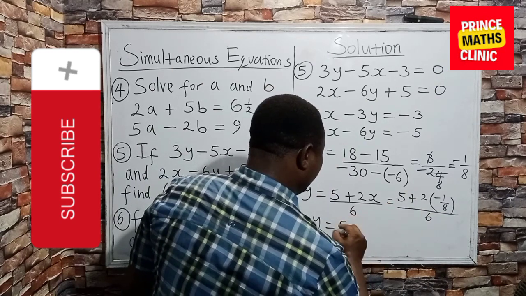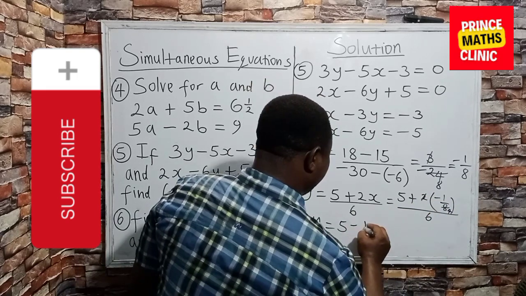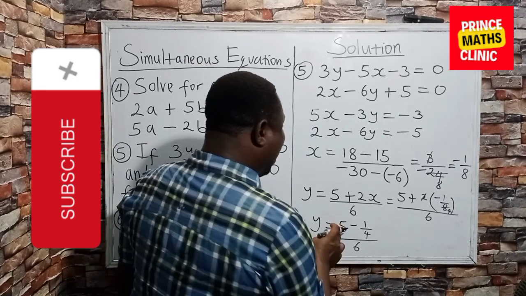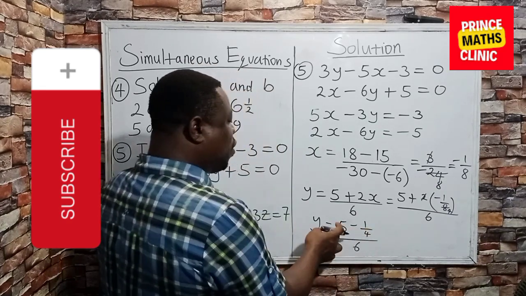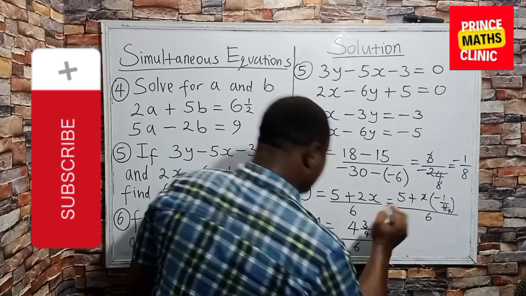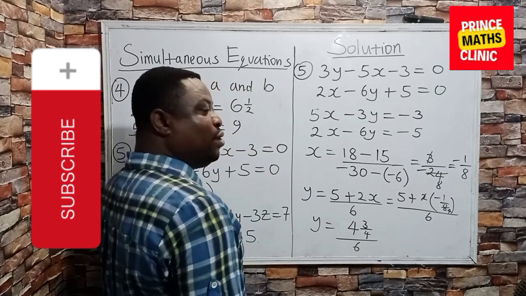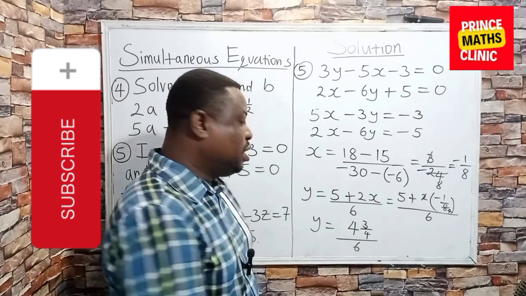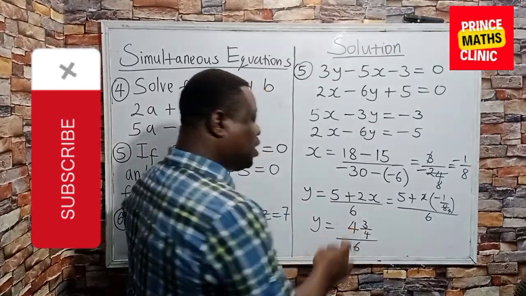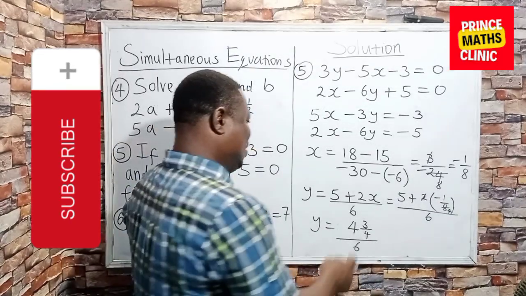Then this is 5. This 2 can go in this 4 times. So this is minus 1 over 4, everything over 6. Then if you subtract a quarter from 5, you get 4 3/4. And you can convert this from 4 3/4 to what? This is a mixed fraction. I want to convert it to an improper fraction by saying 4 times 4, 16. 16 plus 3, that is 19 over 4.